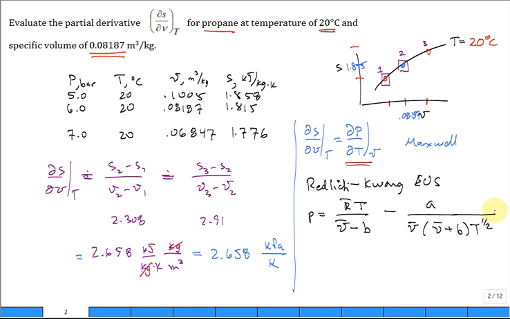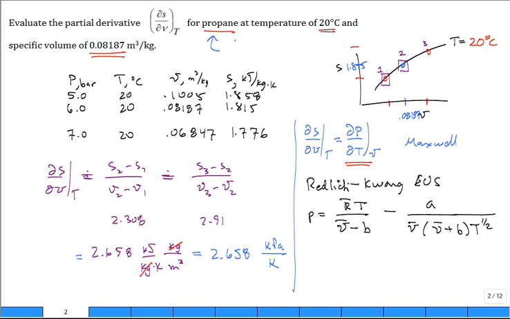Great. Okay. Where do I get those constants A and B? They're in the back of the textbook in a table, A24. So you can look up for propane. That's our substance of interest, propane.